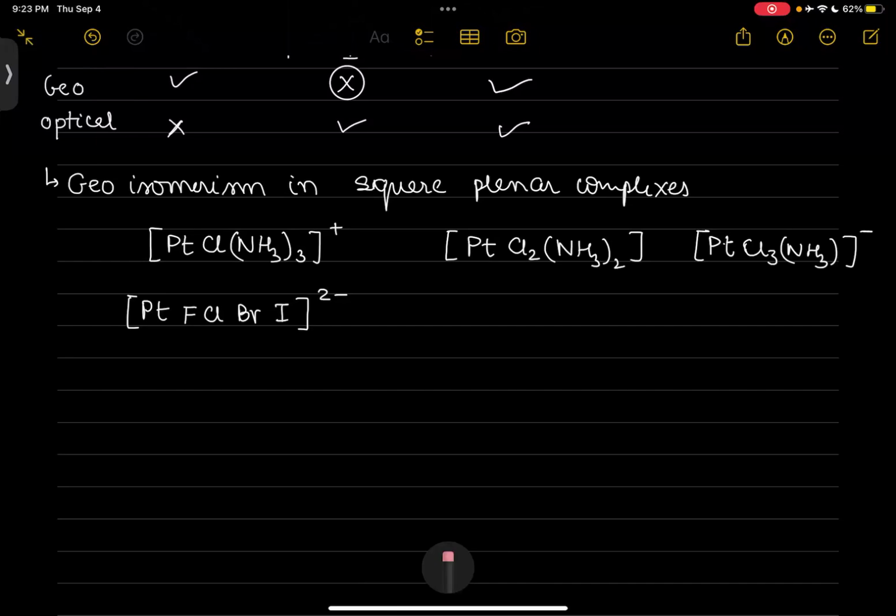Aisha, Jaslin, Marwa, tell me quickly. This cannot show geometrical isomerism because there is just one ligand of a different kind. This also follows the same criteria: one ligand is different, the rest are all the same.